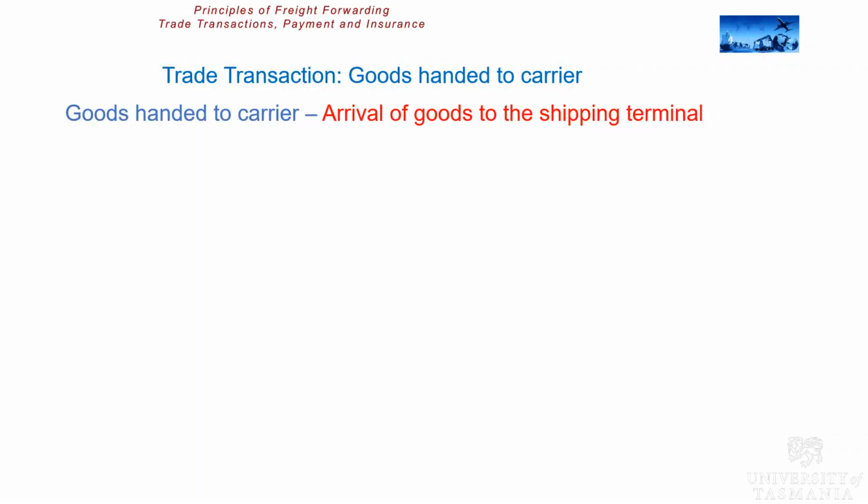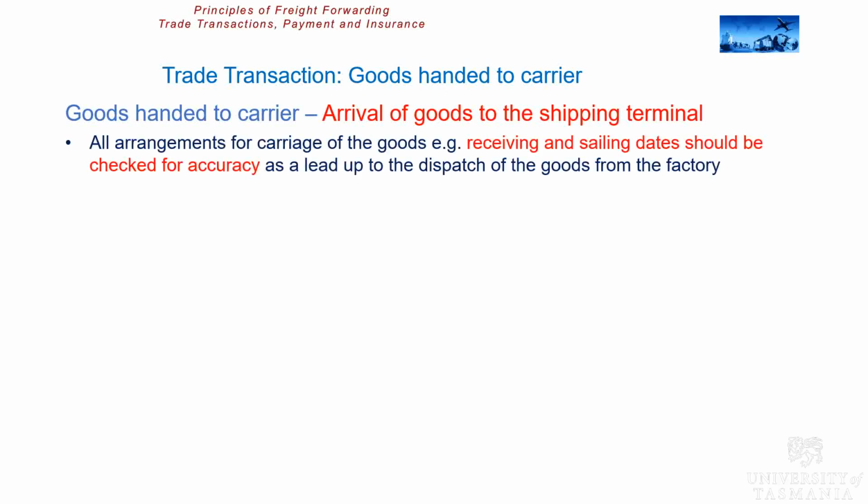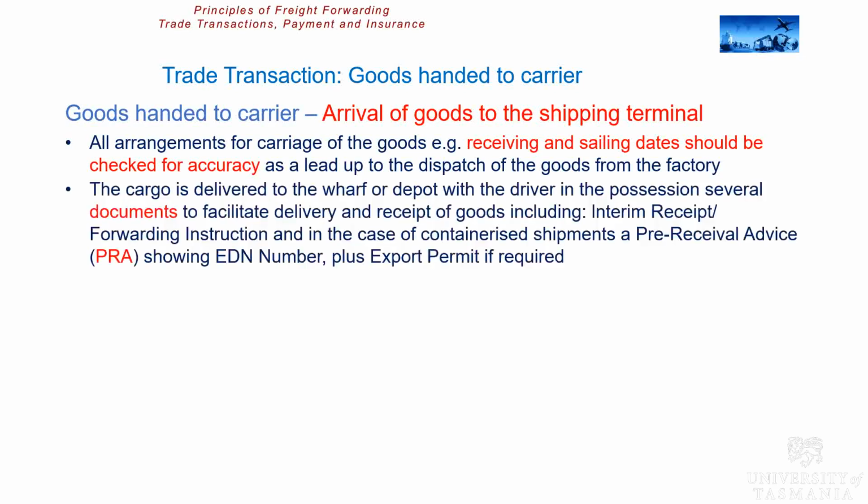So the goods are handed to the carrier, the goods arrive at the shipping terminal. Before they do head off on that final journey, it's important to check those receiving and sailing dates and check them for accuracy, because that's a critical element in regards to if you are dealing with banks, as I've mentioned on a couple of occasions.